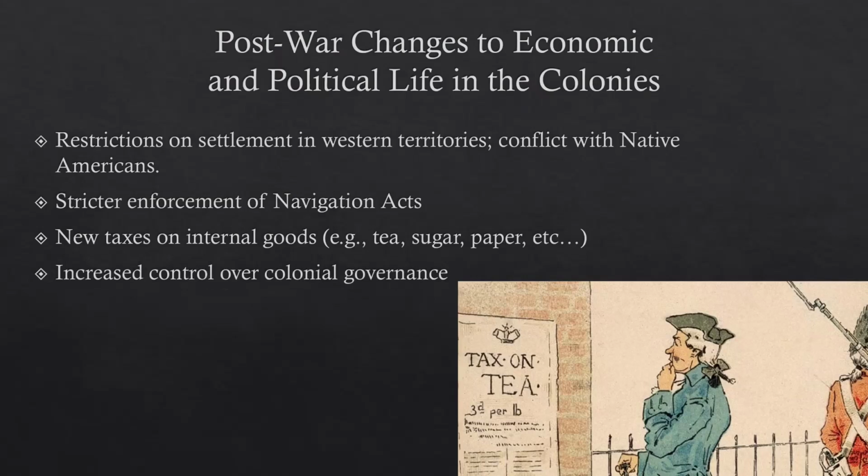And also, again, the British regulars are there on site in the colonies now, and they are witnessing some of the resentment and efforts to push back against the new taxation laws and trade laws. And so the word gets back to the British government, and they start increasing their control over colonial governments.